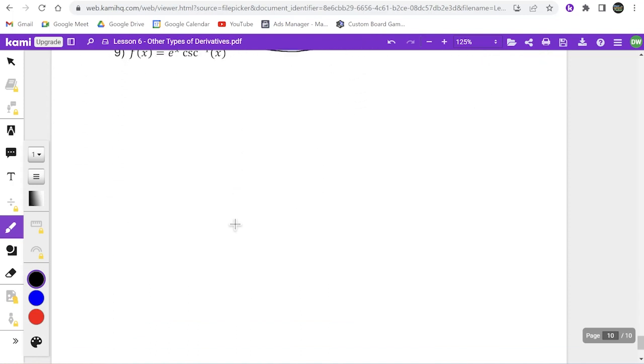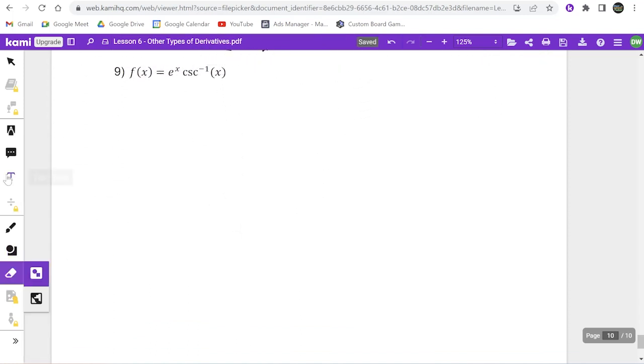And now we're on to the last problem of tonight. Number 9, e to the x times the arc cosecant of x. Can someone tell me the strategy I'm going to be using to solve this one? Product rule? Yes, it's product rule.